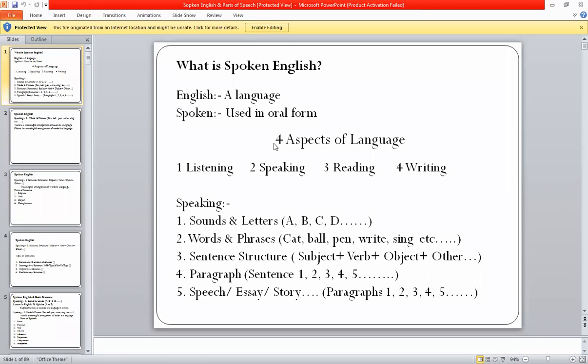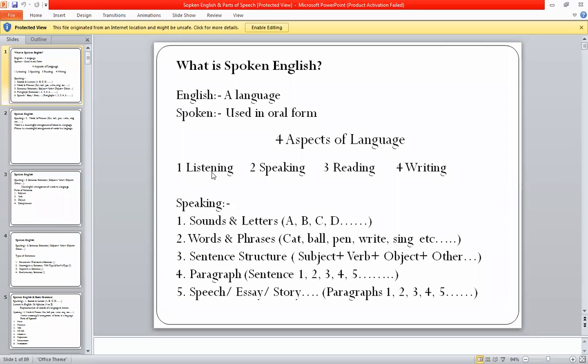And a language, though it might be English language or it might be any other language, has four aspects. तिचे चार जे आहेत काय आहेत तर अस्पेक्ट्स आहेत, पैलू म्हणू शकतो आपण इन मराठी. So there are four aspects of language. Okay, and they are listening, speaking, reading, and writing. These are called as the four aspects.